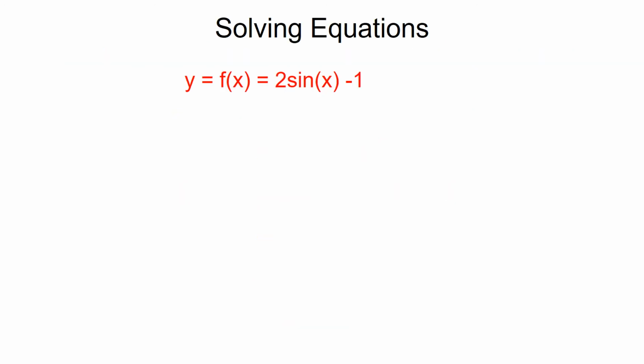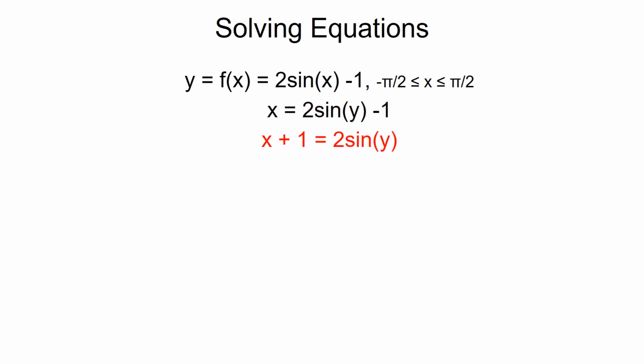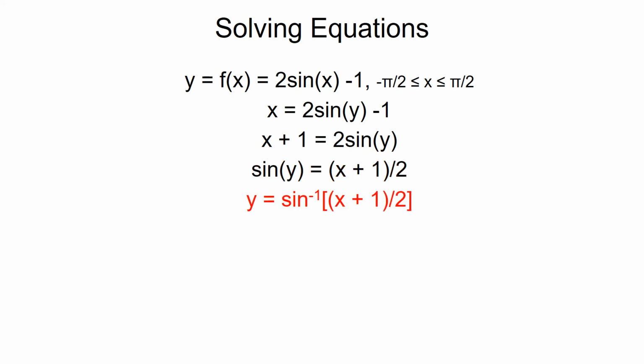Now, starting with f of x, again, this same function, let's find the inverse function. Again, the value of x is restricted because of the sine x function within the expression. An implicit form of the inverse function is obtained by swapping the x and y values. We add 1 to both sides, we divide both sides by 2, and then we take the inverse sine of both sides of the equation.